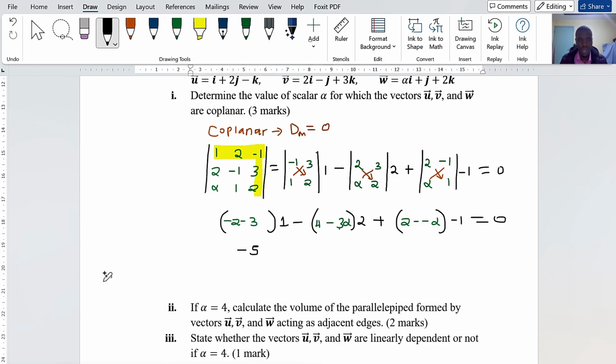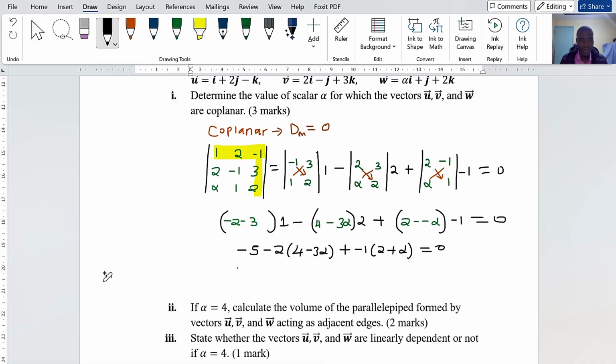Then for J here, you have -2 into 4 minus 3 alpha. Then plus, we have 2 minus alpha times -1 into 2 plus alpha. Then this will be 0.